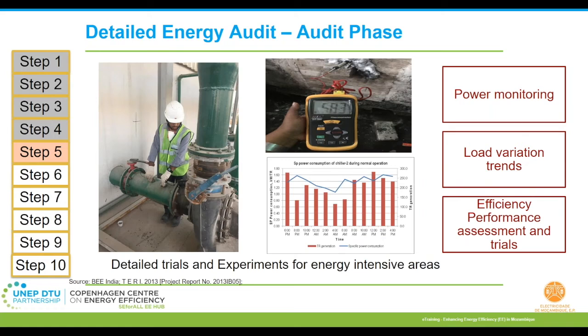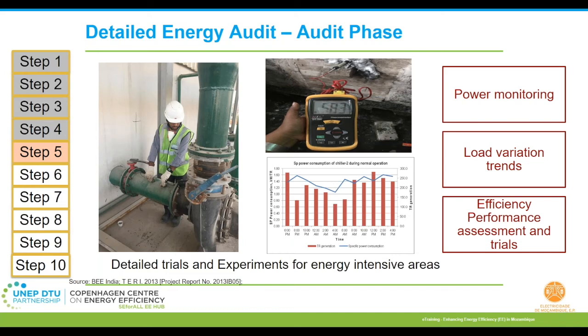Step 5 is mostly about conducting detailed trials and experiments in energy intensive areas. The energy audit team will start conducting all these activities here. They would, for example, monitor power parameters, that is, the maximum demand, the power factor, the kilowatt hours, etc. They study the load variation trends in, for example, pumps, fans, cooling, heating, and compressors, and then try to relate this variation with actual facility operations, or occupancy and production patterns.